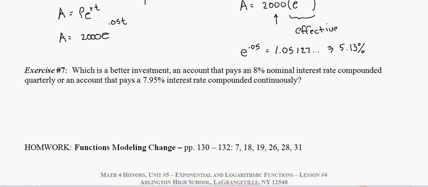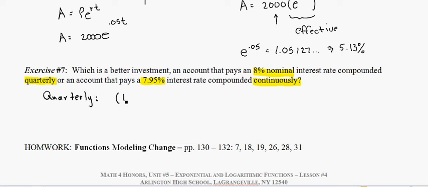All right, let's take a look at this last comparison. Now, again, always make sure you understand the time frame. We're given nominal rates here. We've got an 8% nominal rate compounded quarterly and a 7.95% compounded continuously. So let's do quarterly first. I think I'm going to stack these one on top of each other.